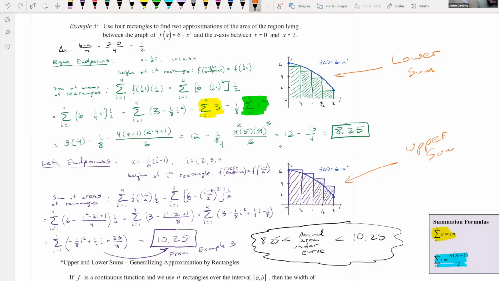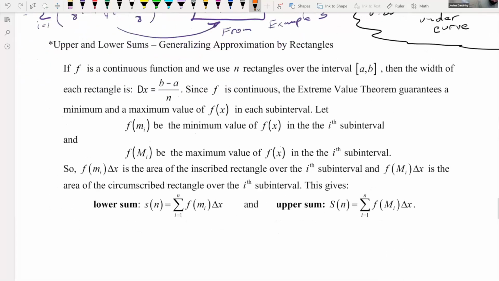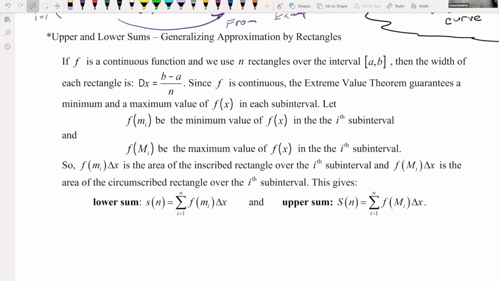The sum of those areas is going to be more than the area under the curve. And so this next bit here in the notes is just going through this concept of upper sums and lower sums and getting a generalized approach for using these approximations by rectangles.